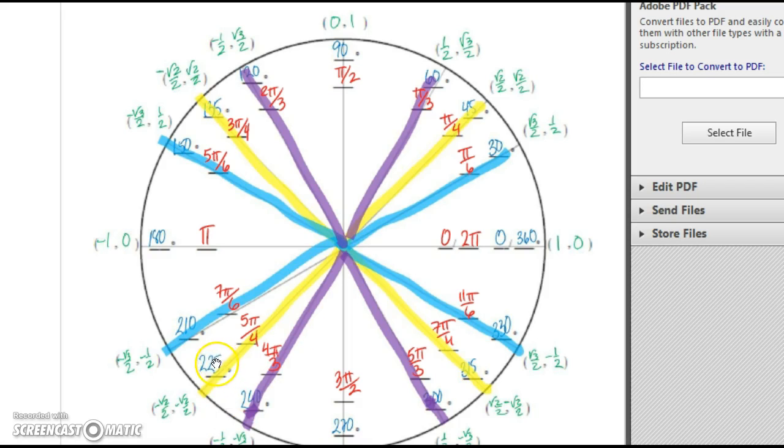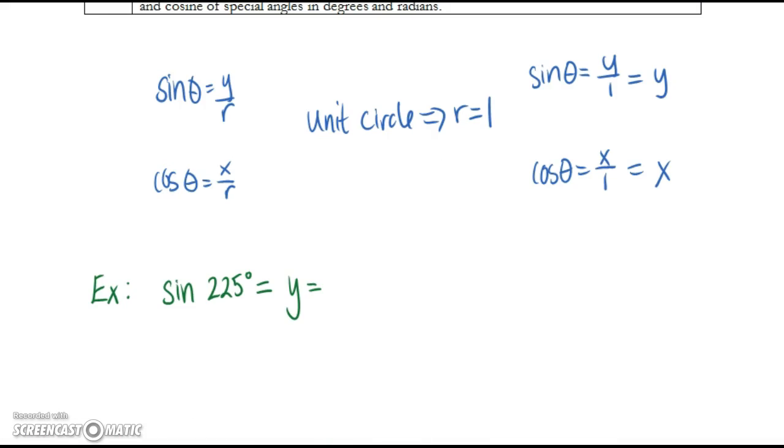We find 225 degrees, and the y coordinate here by the hand is negative root 2 over 2. And so because we're finding sine, we're going to grab that y coordinate as our value. So the sine of 225 degrees is the y coordinate of that angle, which is negative root 2 over 2. And that's it.